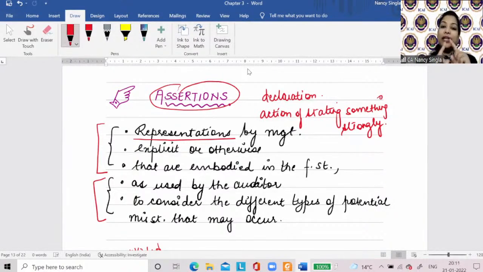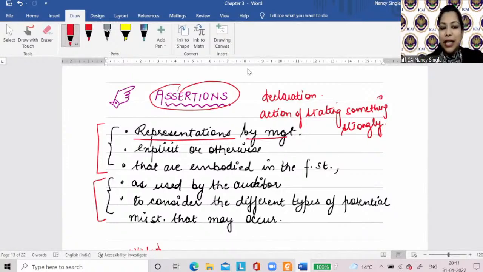I told you that we have to give an opinion on the financial statement as a whole, but it is made up of what? Individual assertions. These individual assertions are what the auditor is going to check, and only then will he be able to give an opinion on the financial statement as a whole. So 2 parts are there, and now we are trying to understand the first part.